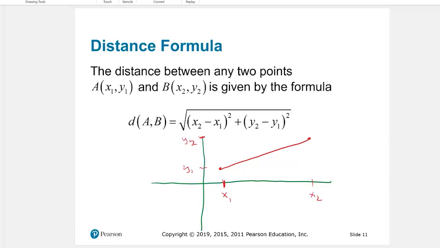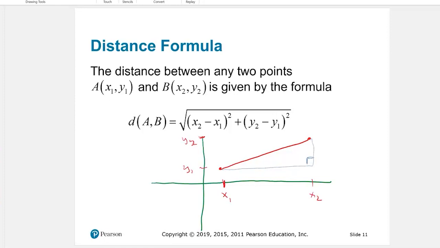So again, I'm going to make a triangle and I'm going to connect these points into a triangle. And if I want to know the length of that red line, well, I just made a right triangle, right?